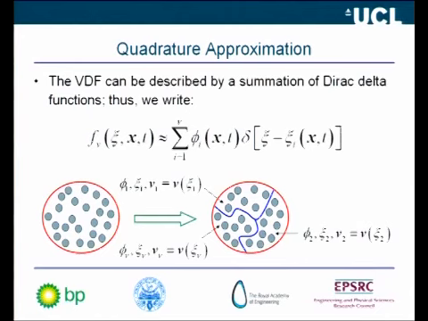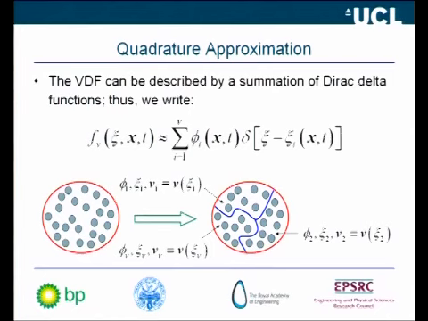In DQMOM, the direct quadrature method of moments, we presume a certain mathematical expression for the volume density function, which is a summation of Dirac functions.